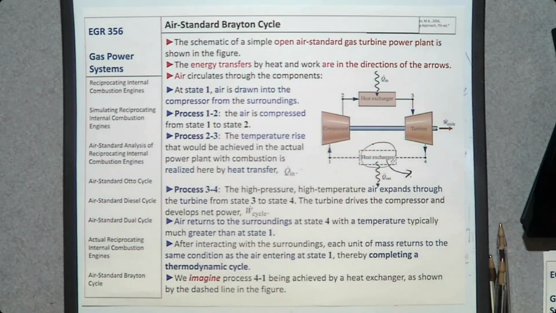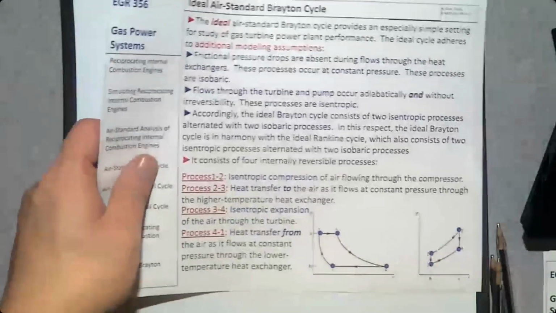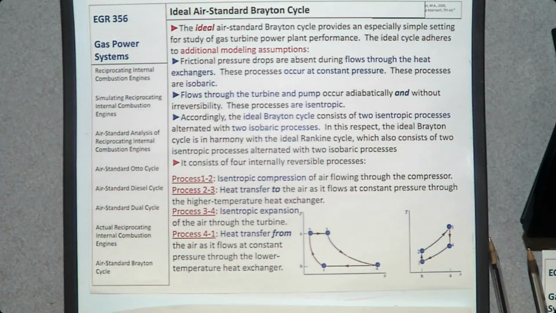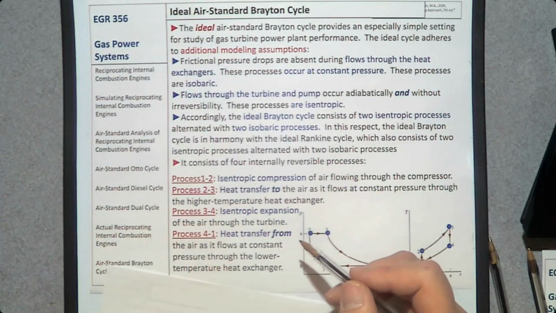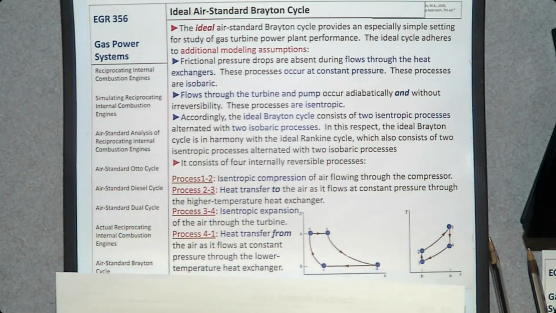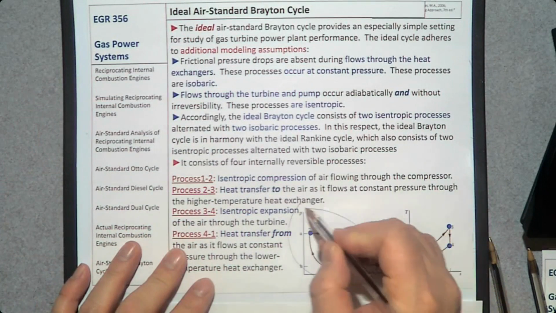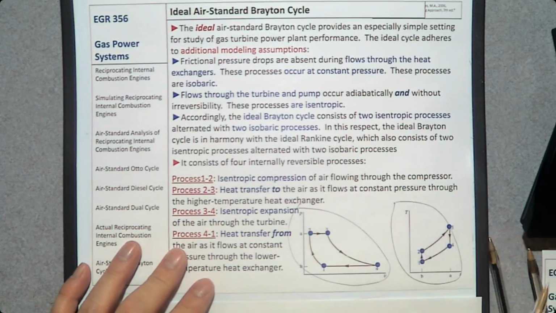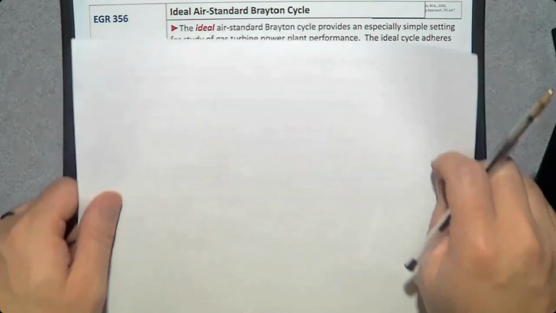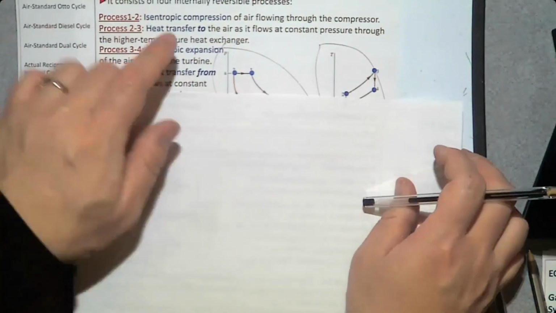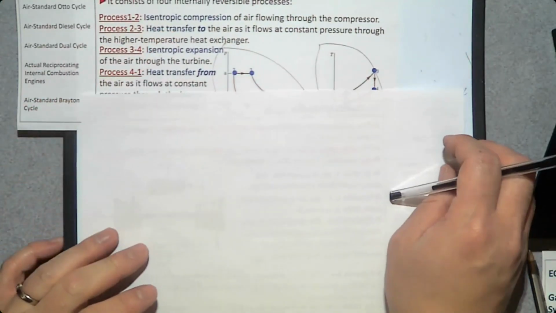So based on these assumptions, let's solve this air standard Brayton cycle thermodynamically. So we are going to follow the same step as we did in Otto cycle and diesel cycle, which is we are going to make a PV diagram and TS diagram. Okay, so let's do that. Process 1 to 2 is isentropic compression.